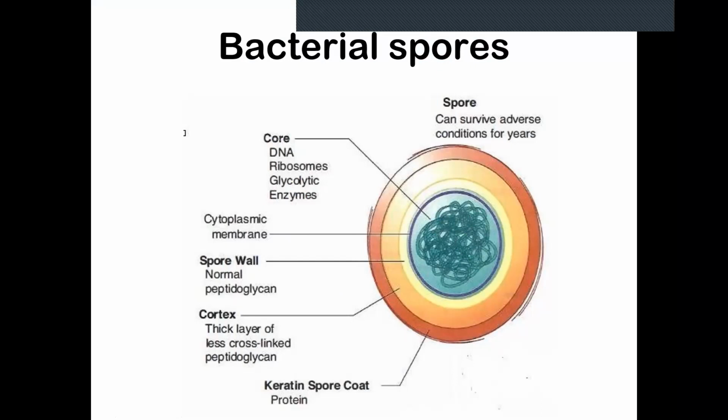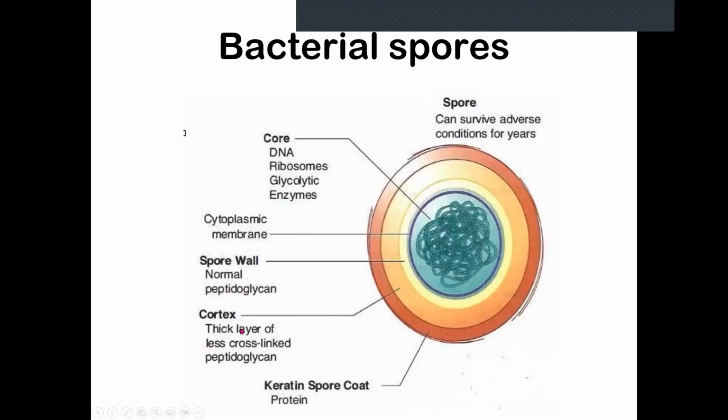The spore has a membrane, then the wall of the spore, which is peptidoglycan, a sugar and protein mixture, and then another layer which is cross-linked.